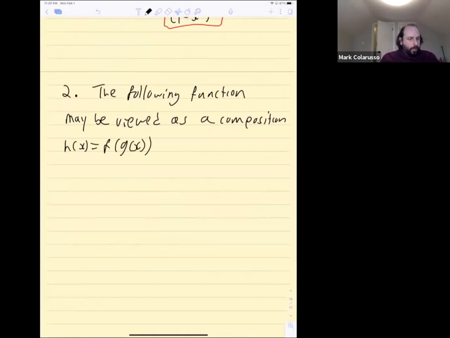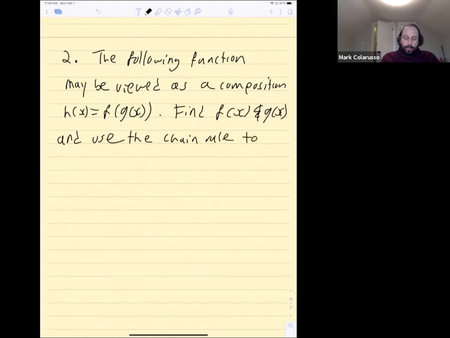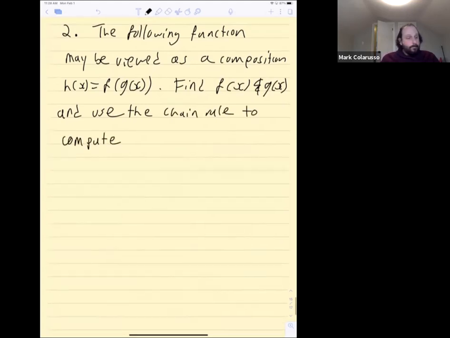So find f at x and g at x, and use the chain rule to compute h prime at x.